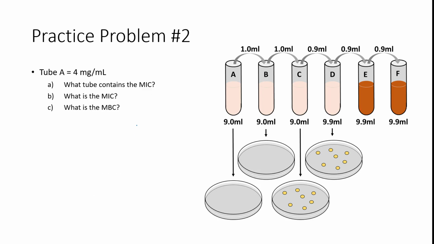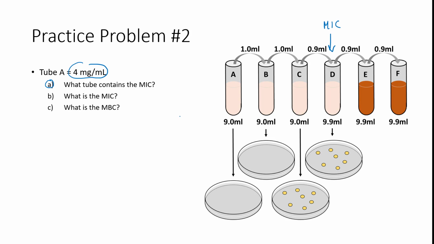Okay, so let's see how you did. The original concentration here in tube A is 4 milligrams per mL. There's a serial dilution here. Looking at what tube contains the MIC, well, tube D has the lowest concentration where there's no growth. So that is going to be our MIC tube, and we need to figure out what that concentration is.